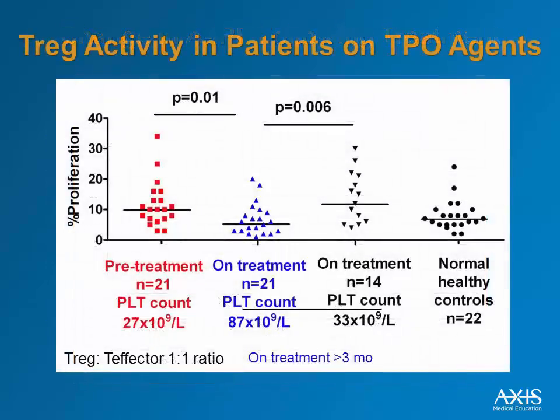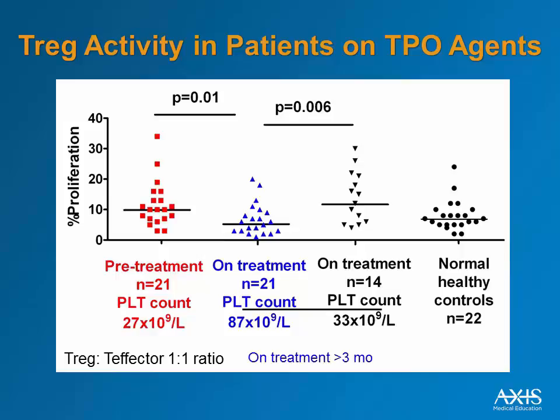This study illustrates the induction of Treg activity in patients responding to TPO agents. Tregs are thought to be very important for suppressing immune responses, in particular autoimmune responses.